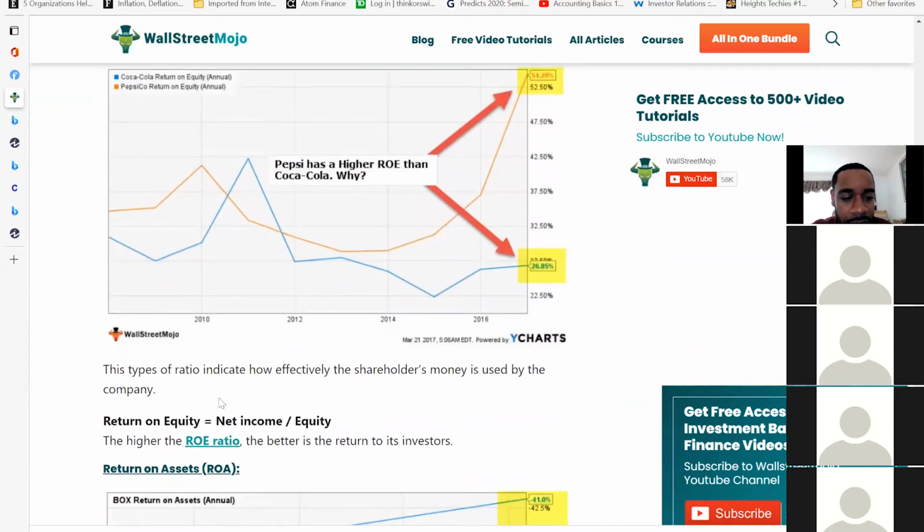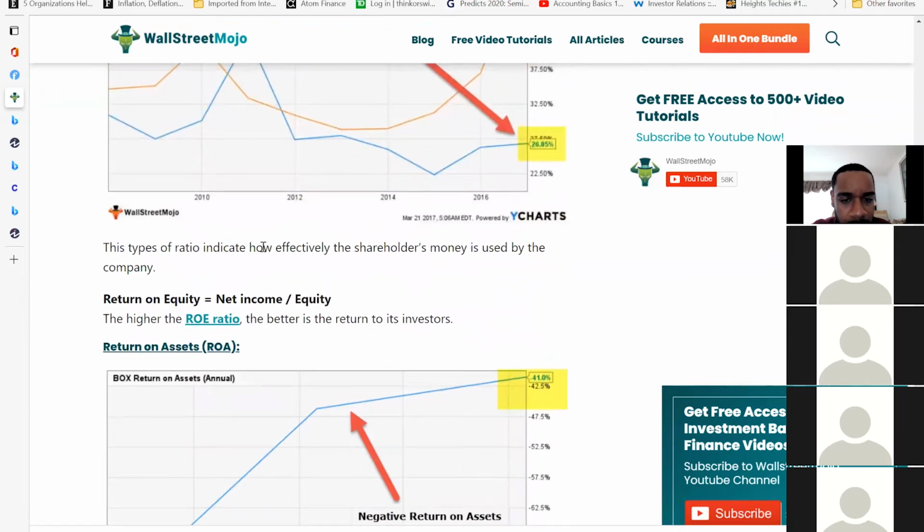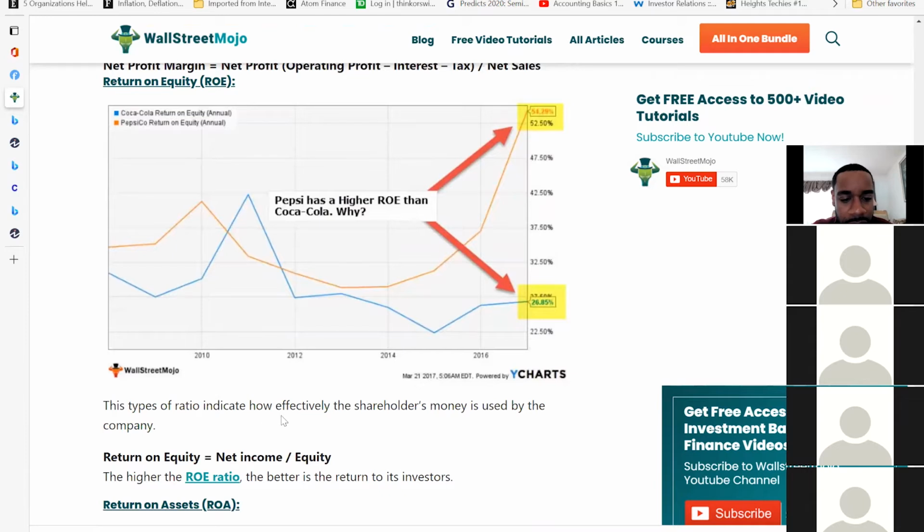Now we have return on equity. This type of ratio indicates how effectively the shareholders' money is used by the company. Remember, equity is assets minus liabilities, right? So this is studying, for the money that is left over for investors, what is going on with it?